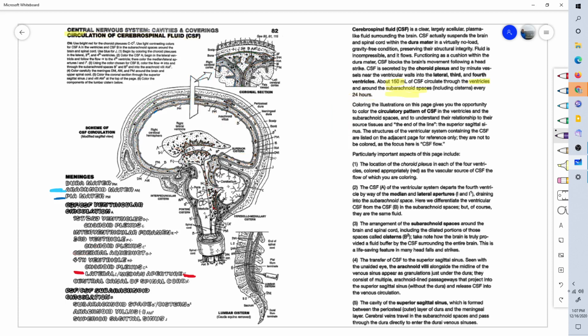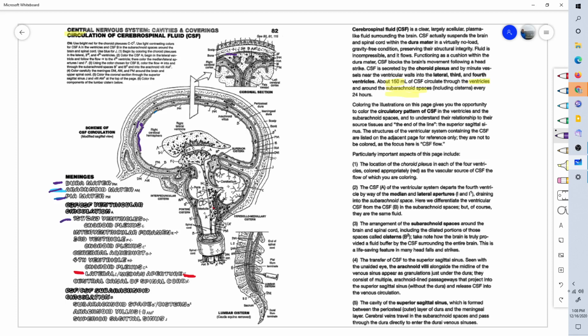So just to review and point out the terms: the dura mater, the outer layer, the tough mother; the arachnoid mater, inner layer, right here, with the subarachnoid space beneath it; the pia mater wrapping very tightly around the brain like saran wrap.